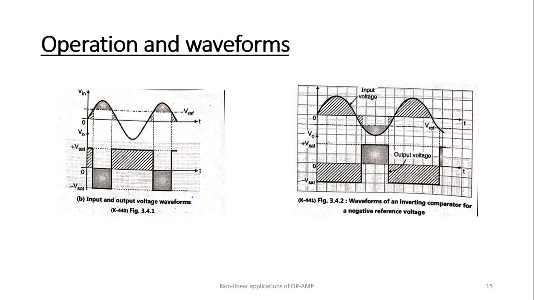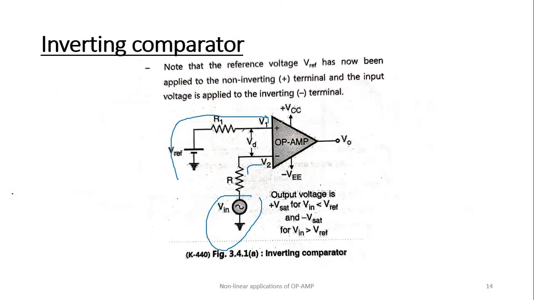Operation and the waveform: the input-output waveform is shown in figure B. Assume the op-amp has a very high input resistance, hence the current flowing through the resistances R1 and R is very small. Hence the voltage drop across them is close to zero, therefore we can write V1 is equal to V reference and V2 is equal to VIN.